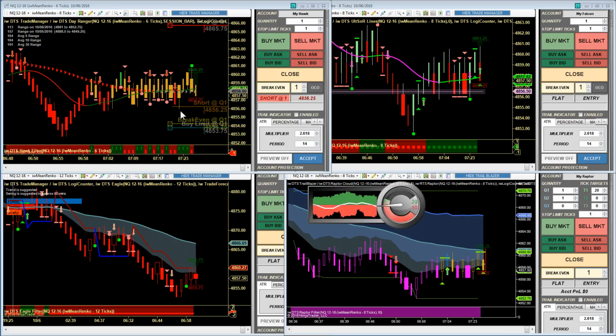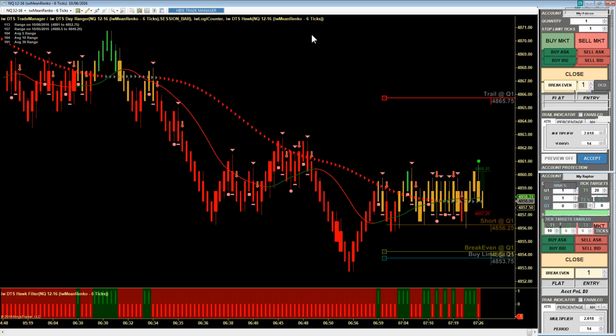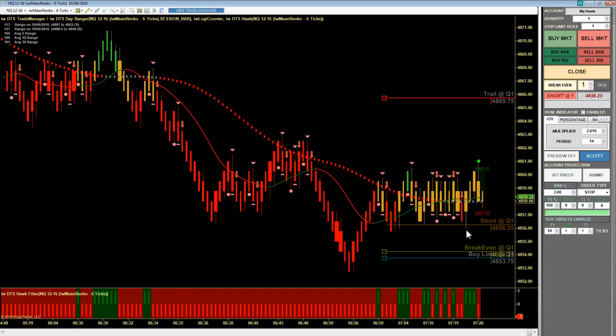So the key will be this whole 48.56 area that we've been watching for a long time now. Obviously strong support down here. A break of 48.56 should see the market find our profit objective and probably send the market a little bit lower as well.